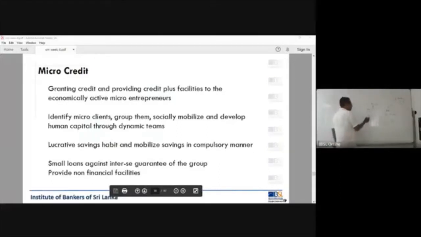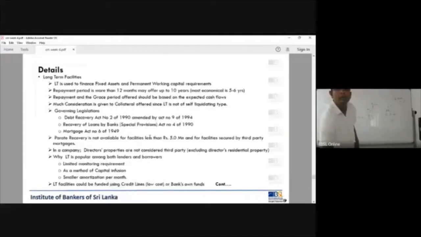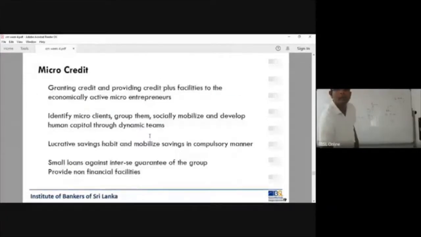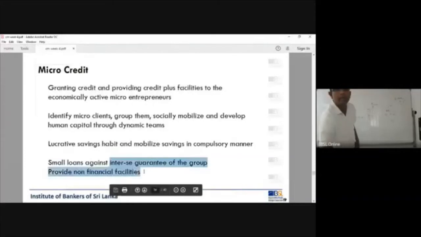So in inter-C guarantees, other two parties are giving the guarantee on repayment.